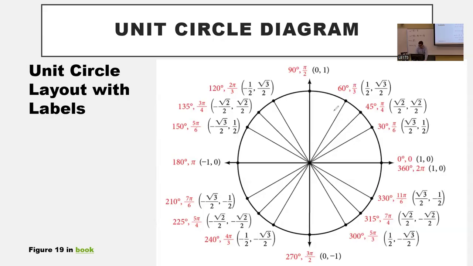All right, with the first one, arc sine of root 2 over 2, we're looking, root 2 over 2 is right there at pi over 4. So pi over 4 is the answer for arc sine of root 2 over 2.